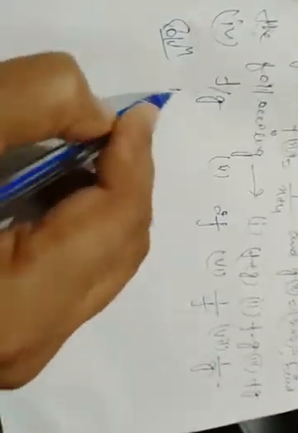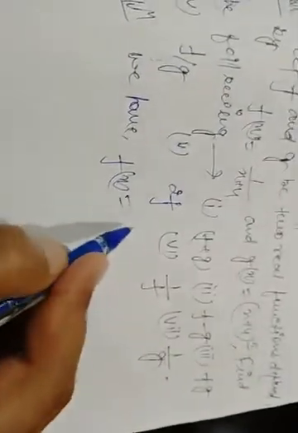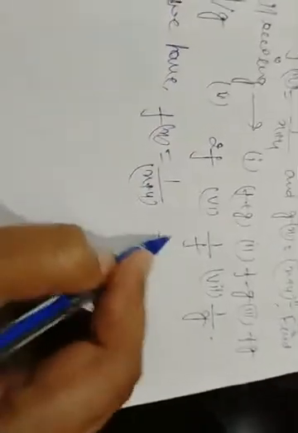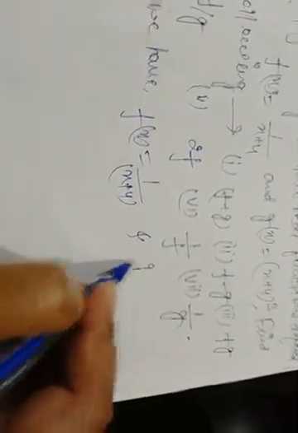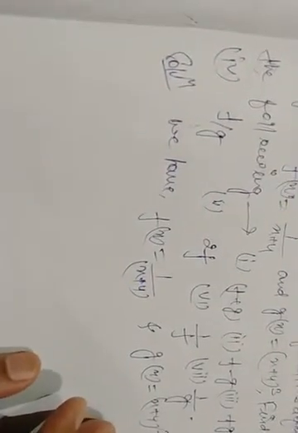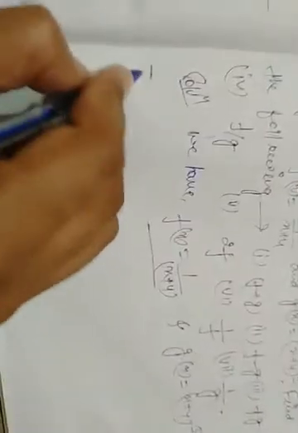We have the functions. We have f of x is equal to 1 upon x plus 4 and another function g of x is equal to x plus 4 whole cube. Now first of all we find their domain. Take f of x.